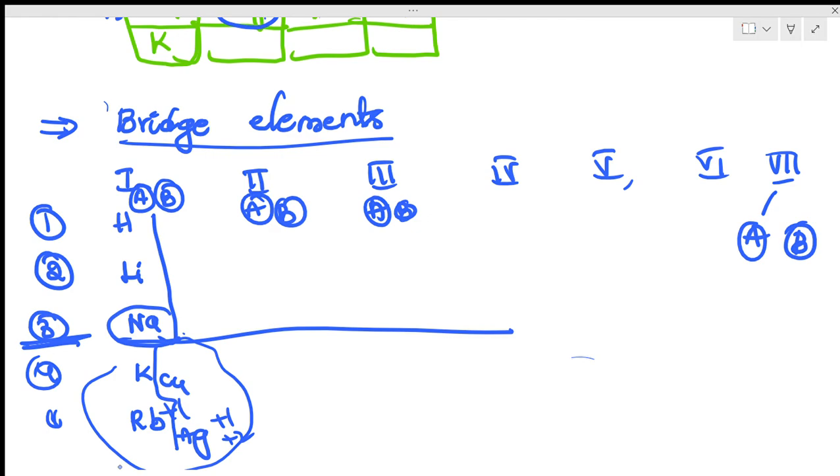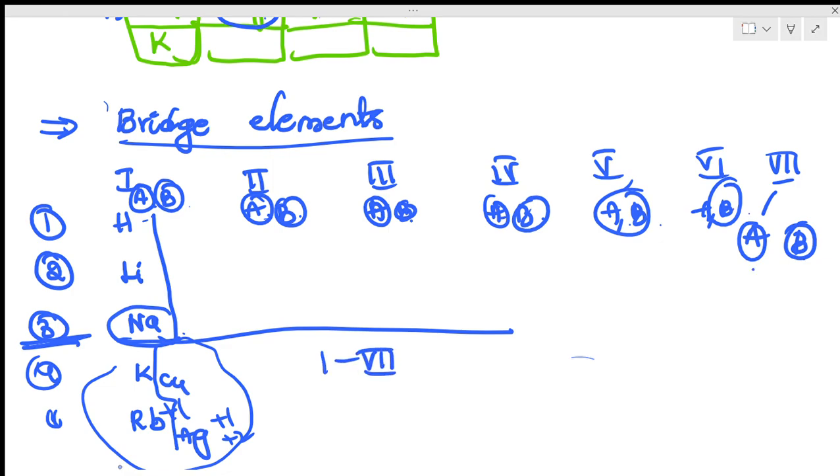So like this, if you count here, 2, 4, 5, 6, every group he divided into two subgroups: 1 2 3 4 5 6 7 8 9 10 11 12 13 14. That means groups 1 to 7, totally he had 14 groups including the subgroups.